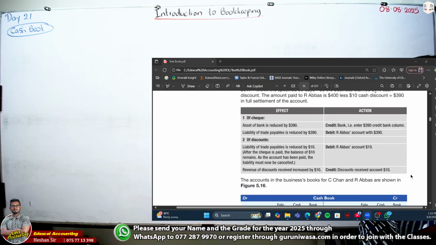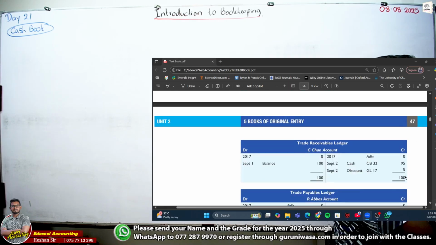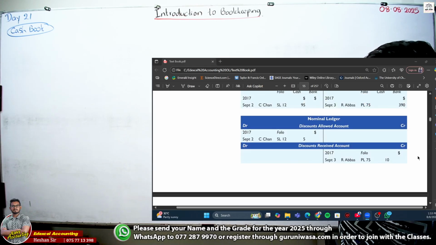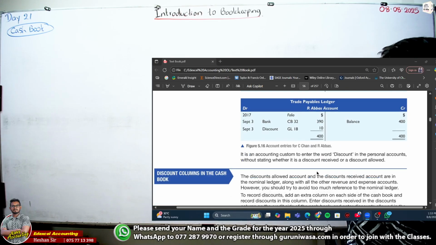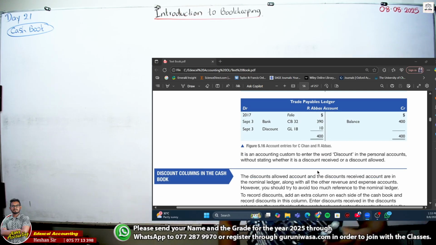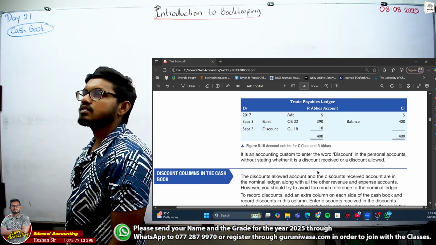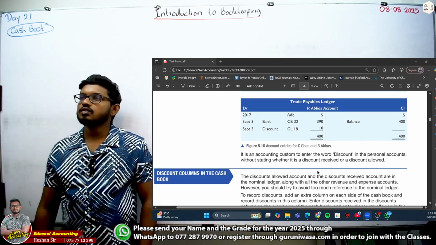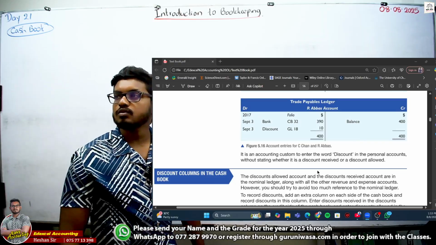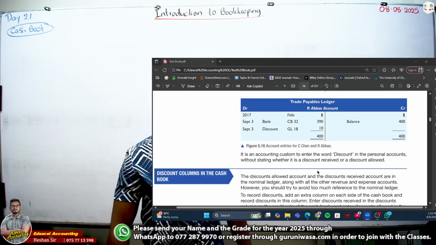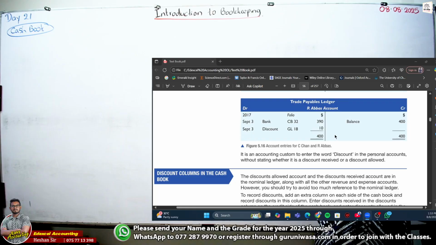We received rupees 10 discount from R Abbas: discount received account credit, R Abbas account debit 10. In accounting, the custom is to enter the discount in the personal account without stating whether it is discount received or discount allowed, right?